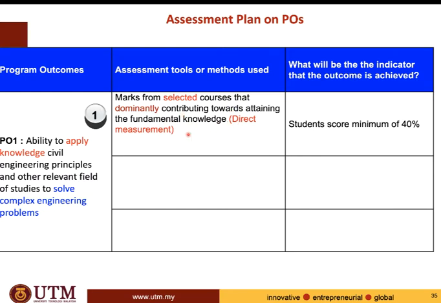This is a direct assessment method where you can just take the final marks of the courses that are dominantly contributing towards the fundamental knowledge, taken by the students. And if the students score a minimum of 40%, it is the indicator that the outcome is achieved.